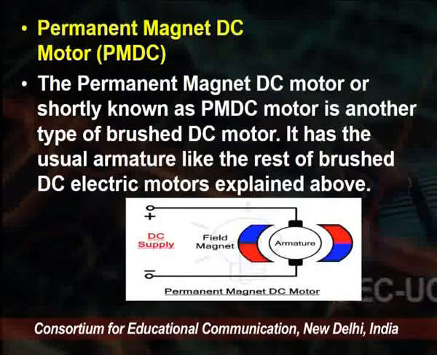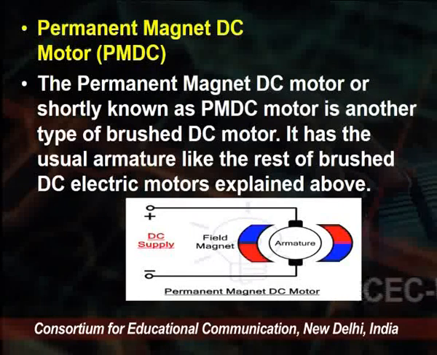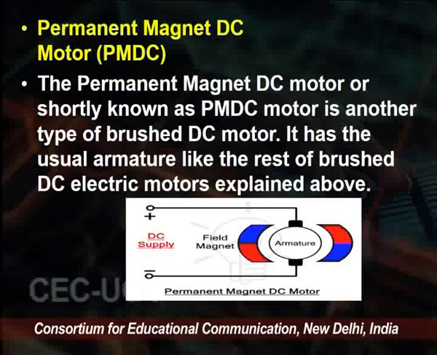Now next is the permanent magnet DC motor, also known as the PMDC motor. It is another type of brushed DC motor, and it usually has an armature like the rest of the brushed DC electric motors, explained below.